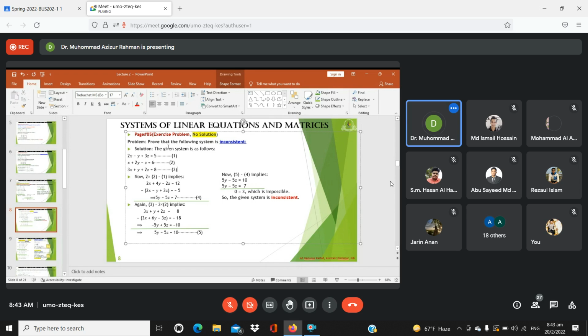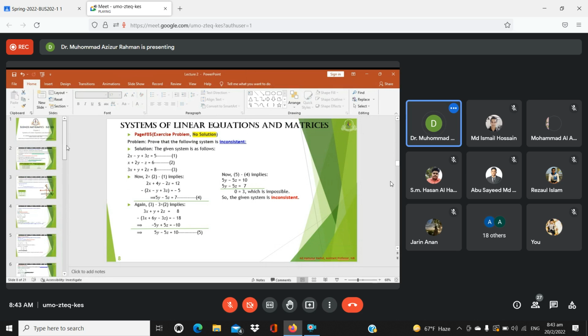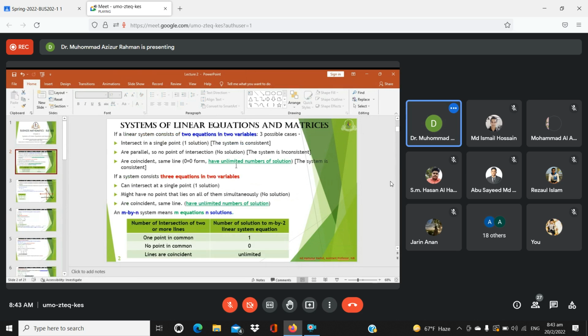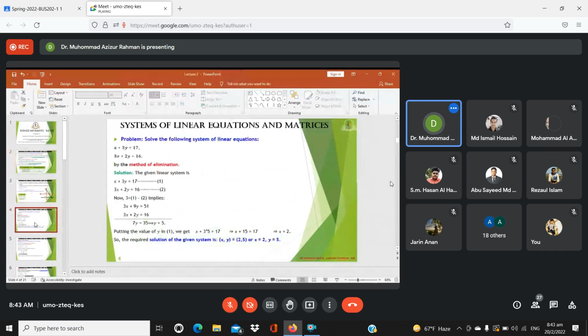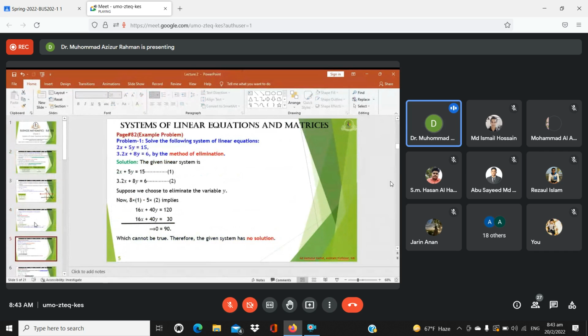So it asks us to prove that the system is inconsistent. If the system is inconsistent, it means you will get something here. That means you have no solution. You will get something similar, this kind of thing.